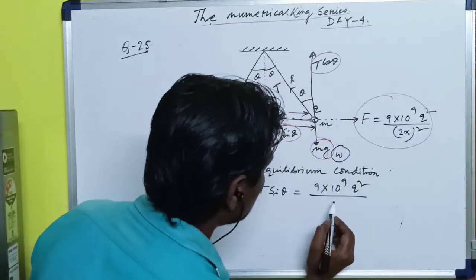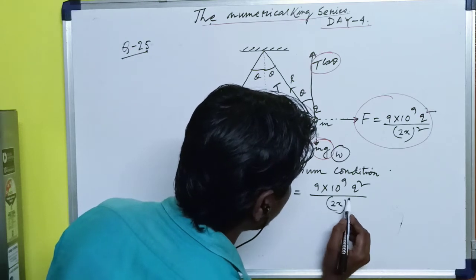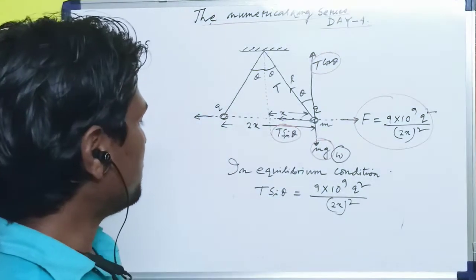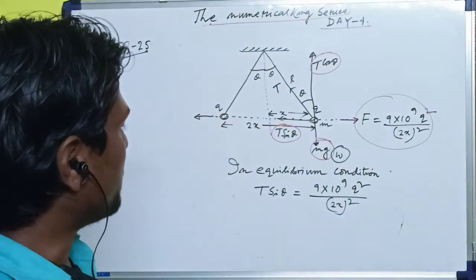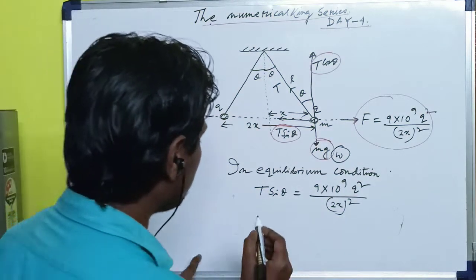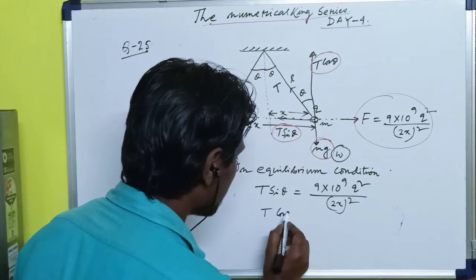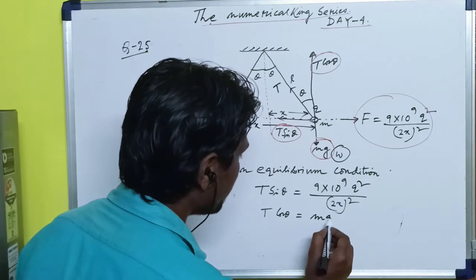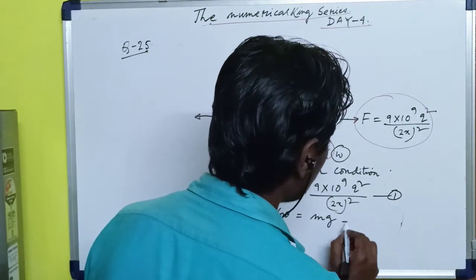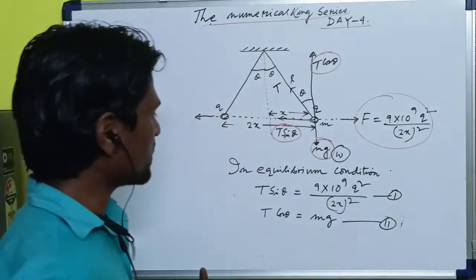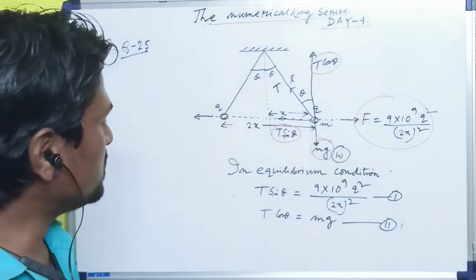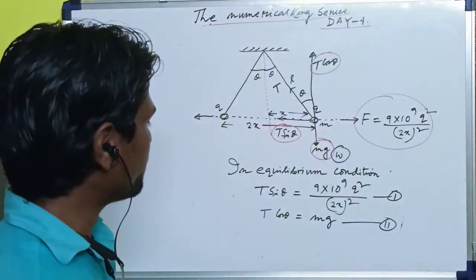And T cos theta equals mg. So this is equation 1 and this is equation 2. T sin theta equals this one and T cos theta equals this one.